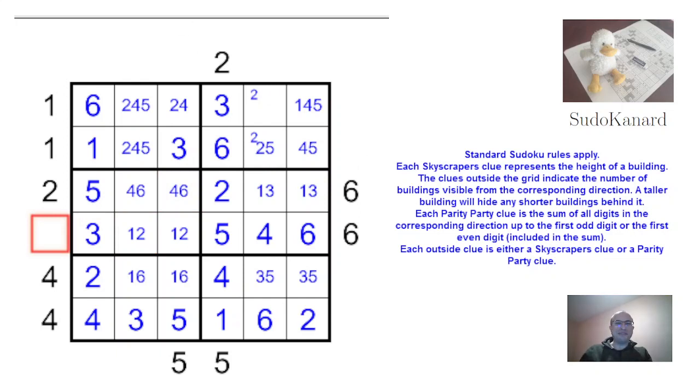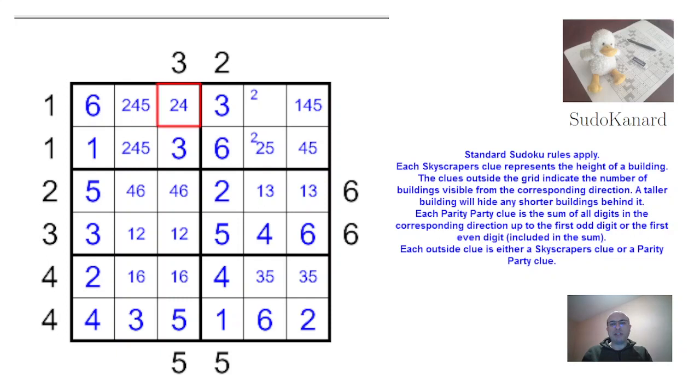I'm tempted to put a 3 here, just because it works both as Parity Party clue and Skyscrapers clue. And actually seeing 1, 2, 3, 4 here looks quite nice. Now the question is, would a clue of 3 here work? It would still retain some measure of symmetry, and actually it seems to work.